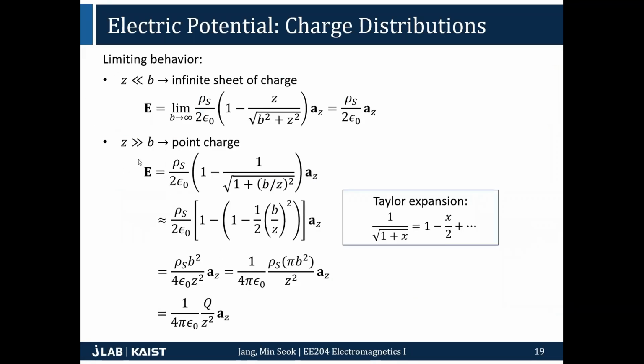Two limiting behaviors: first, b much larger than z, an infinite sheet of charge, where the electric field is rho divided by 2 epsilon. And when z is much larger than b, it becomes a point charge.